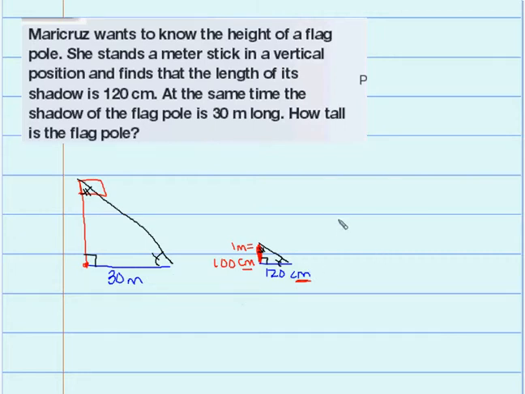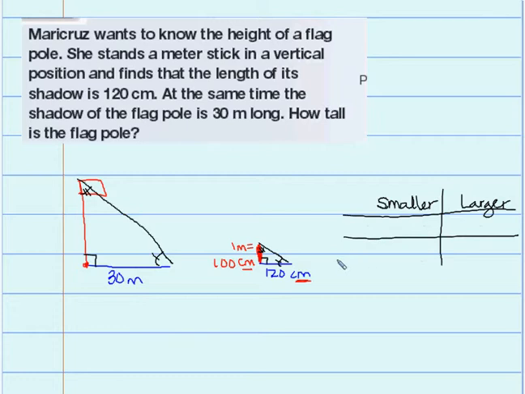So now I have a proportion, and what you can do is write a ratio box. If that helps you, you don't need to, but it's one way to organize your information. And then you can put the height, there's a T there, and the shadow.